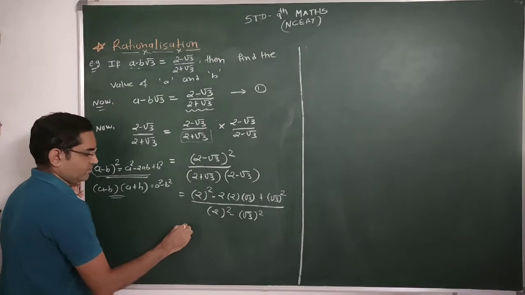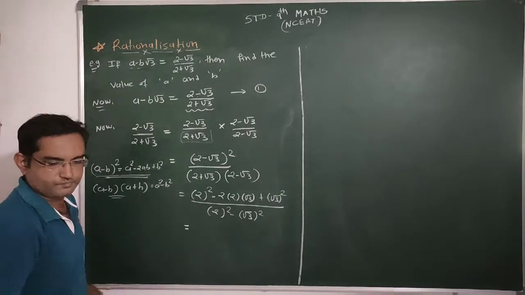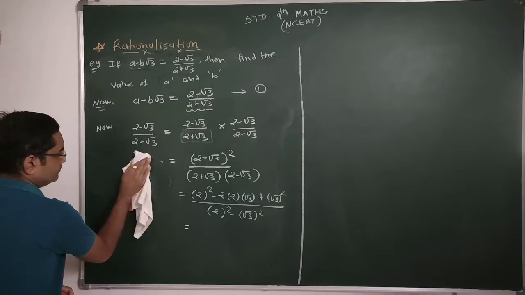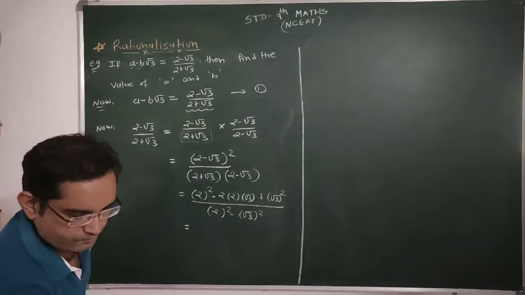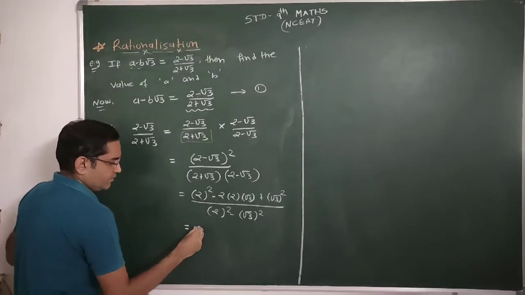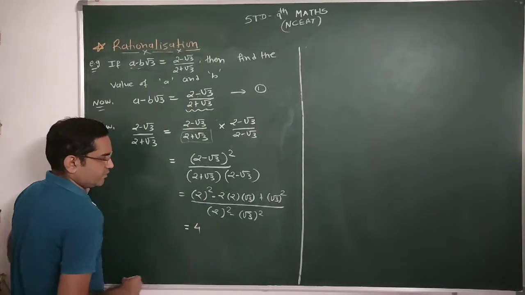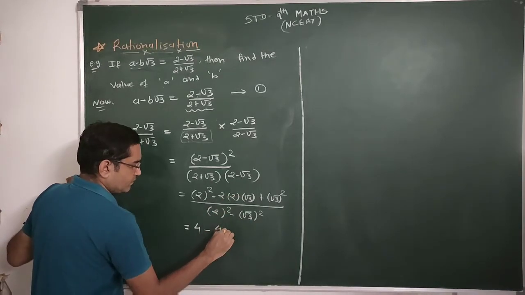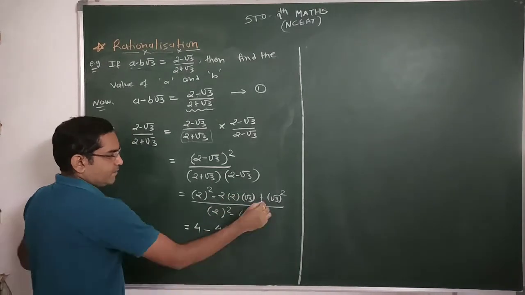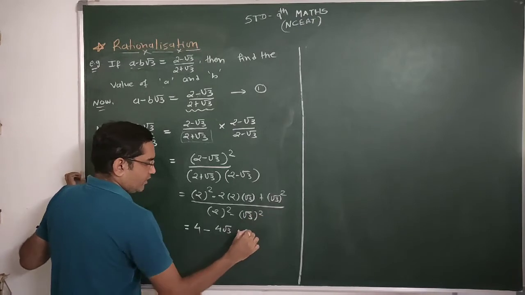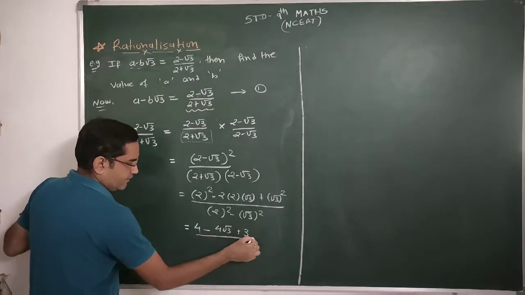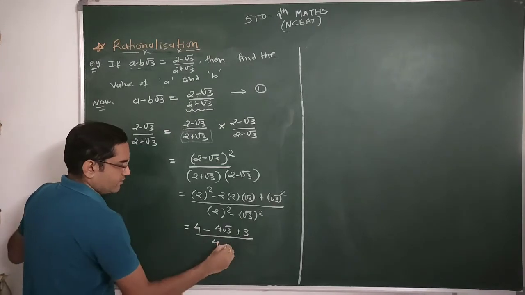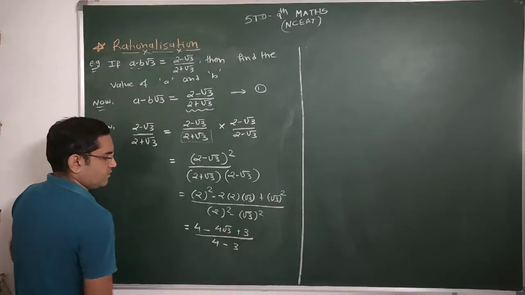This is our simplification. So this is equal to 2 square, which is 4, minus 2 into 2 into root 3, that is 4 root 3, plus root 3 square, which is 3, divided by 2 square, which is 4, minus root 3 square, which is 3.